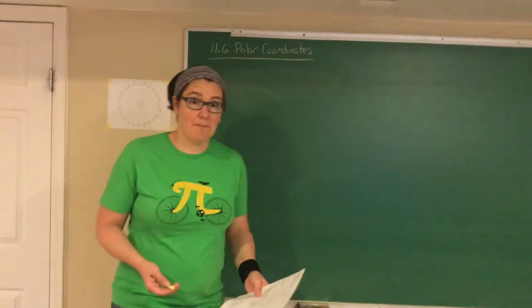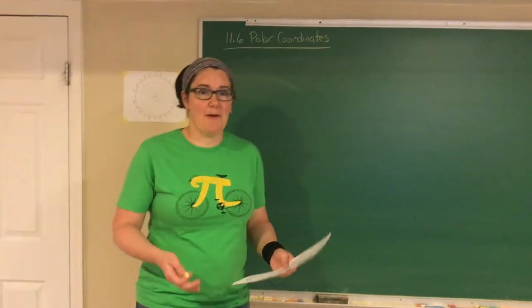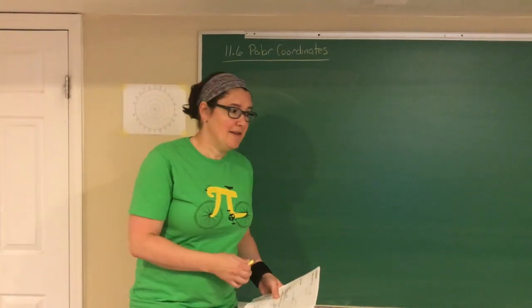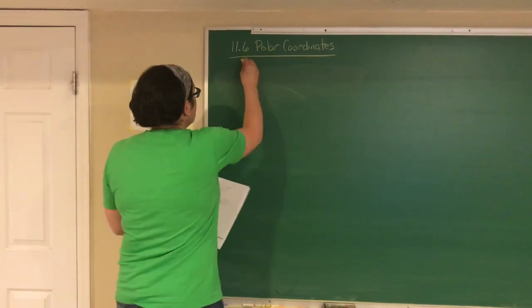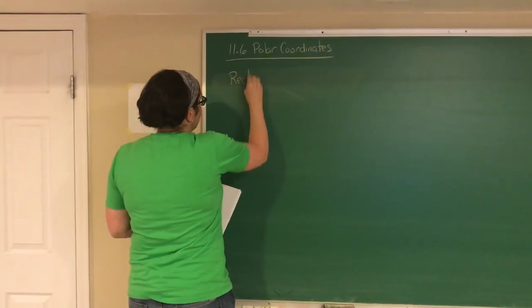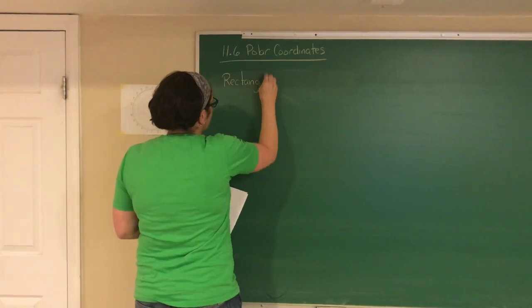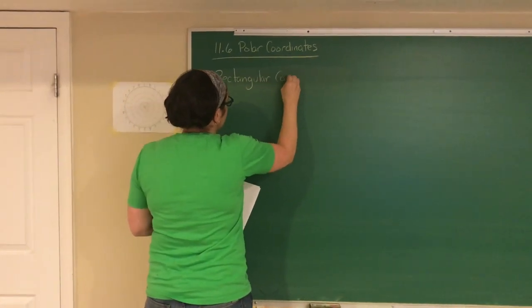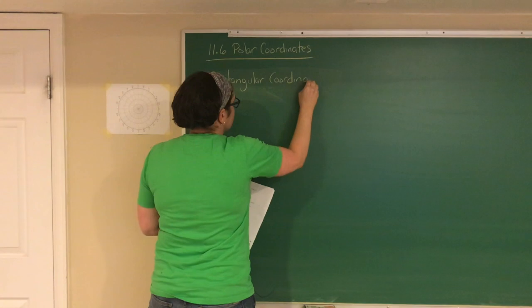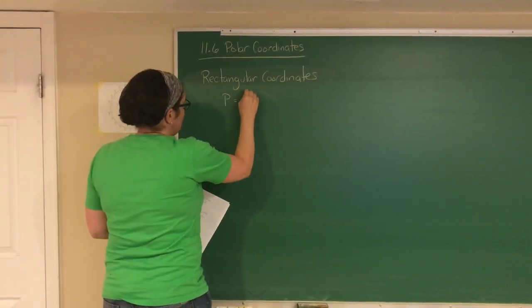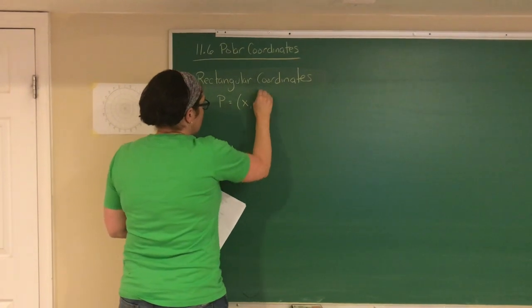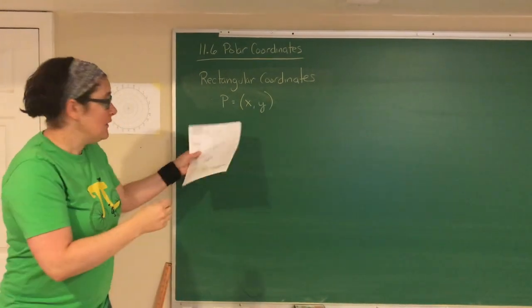So before we talk about polar coordinates, let me tell you about rectangular coordinates, which is the coordinate system that you are really comfortable with already. So when we have rectangular coordinates, we describe a point P with an x coordinate and a y coordinate, and you already know this.